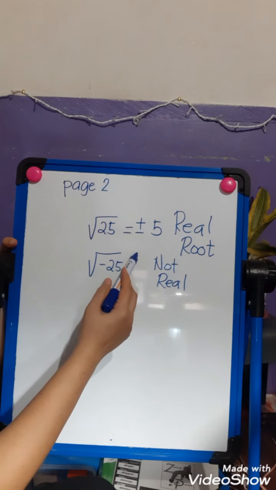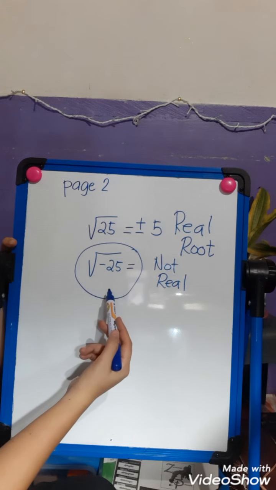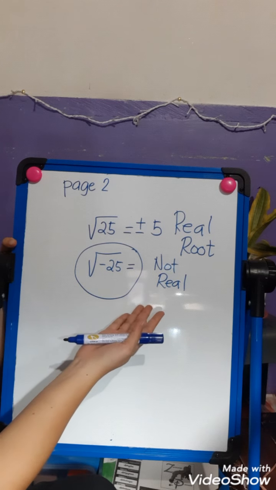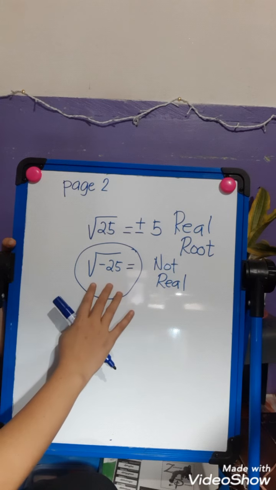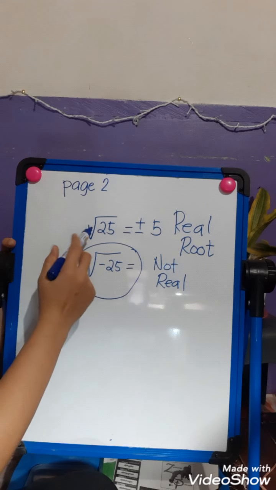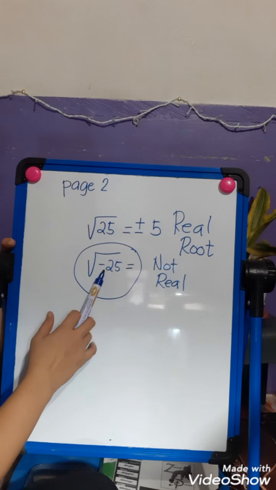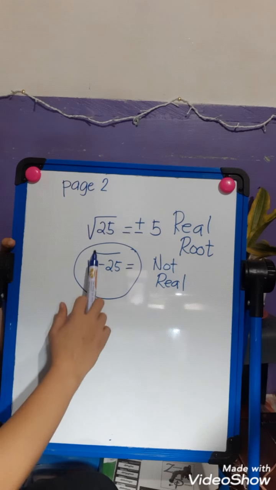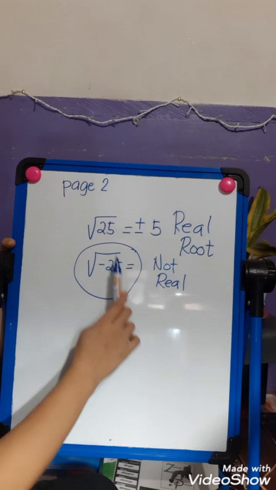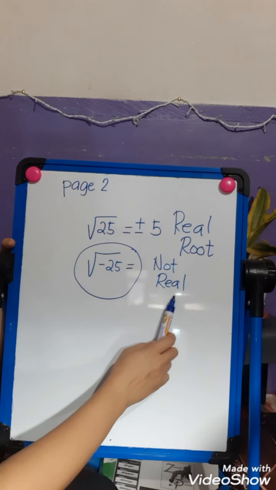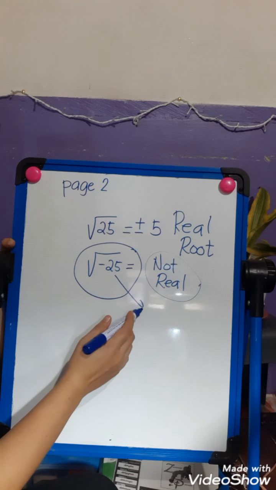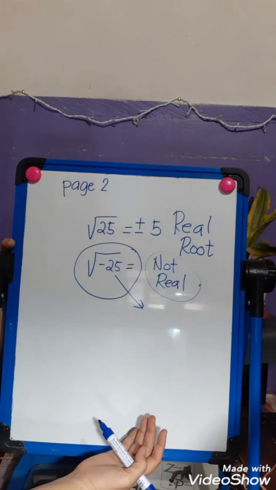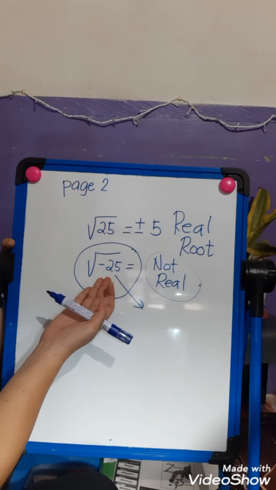We will not discuss this deeper because there is a specific year level or grade level that will tackle this discussion. Just remember that if the number inside the square root or inside the radical symbol is negative, then automatically the answer for that is not real. Because is there a number that when you multiply it by itself will yield negative 25? Right, none.